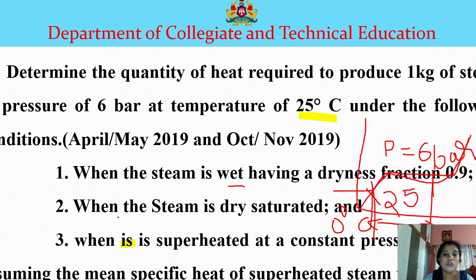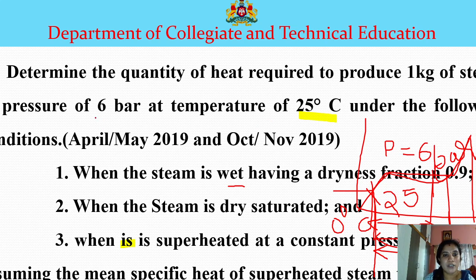Second, when the steam is dry saturated, that means at the end of point C, if you remember point C. At point C, what is the enthalpy to be calculated? That is from here to here. Thirdly, they have asked to find out the enthalpy of a superheated steam, from here to here. These are the 3 conditions given in the problem.